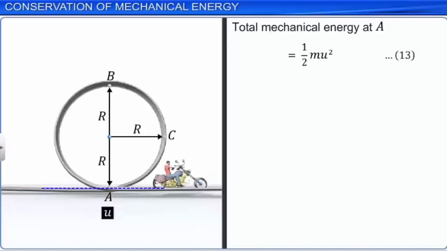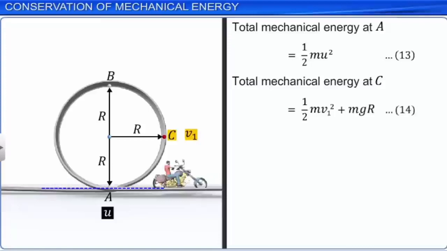When it is at horizontal position C, its velocity is v1, and the height of C from the reference level is equal to r. When at C, its total mechanical energy is partly kinetic, which is half mv1 square, where v1 is the magnitude of velocity at C, and partly potential, which is mgr. The total mechanical energy at C is denoted by half mv1 square plus mgr.